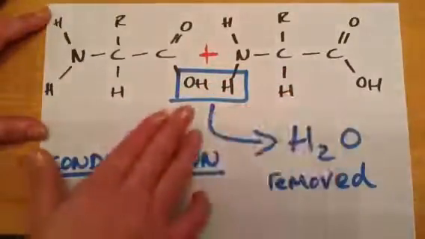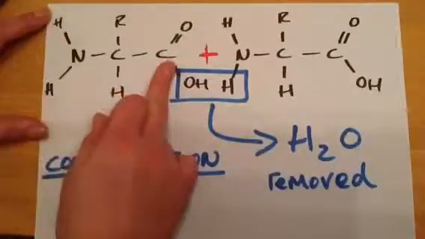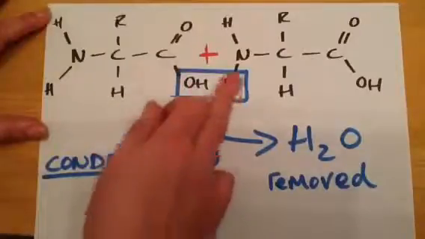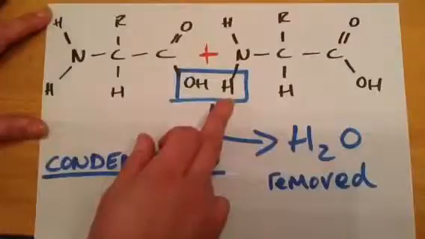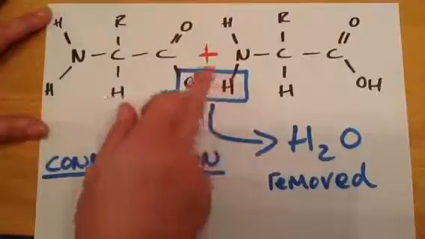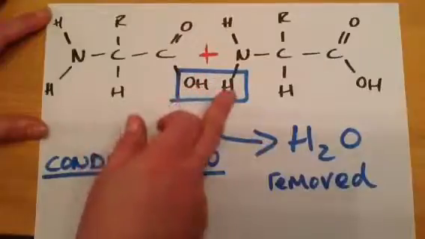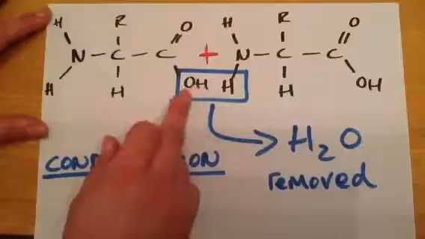Now, if you have a look in the centre here, the OH group from the carboxyl group of the first amino acid can join with a hydrogen from the amino or amine group of the second amino acid here to form water. So if we remember water is H2O, so we've got 2 hydrogen atoms here and 1 oxygen.